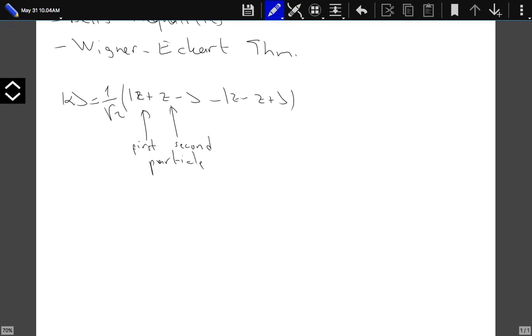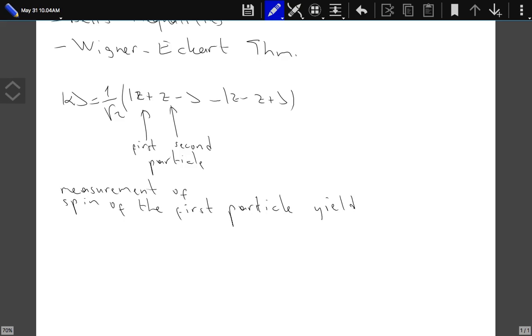And then let's assume that you make a measurement of the spin of the first particle, and you get Z plus.